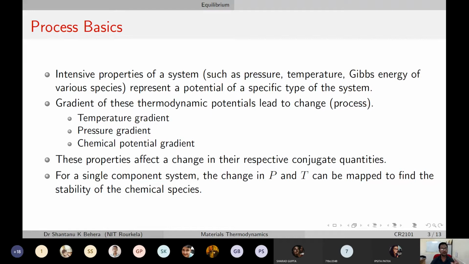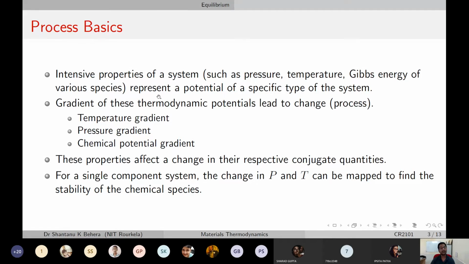So, saying that there's a difference in these intensive properties means that there is some kind of a gradient, that there exists a gradient in the thermodynamic potential, and it could be a temperature gradient, could be a pressure gradient, and could be a chemical potential gradient. And the gradient in these properties affects their respective conjugate coordinates, the conjugate thermodynamic quantities. For example, what is the conjugate quantity of temperature? Okay, that's got to be entropy. So a variation in temperature is going to affect the entropy.